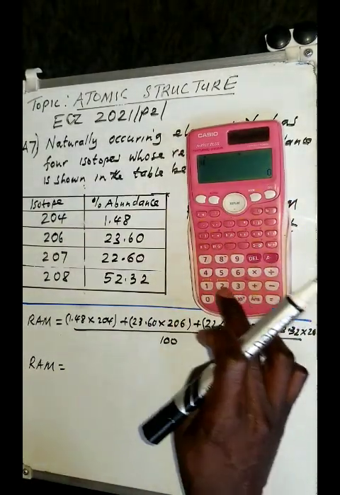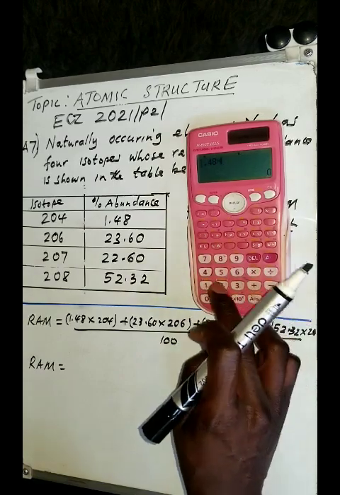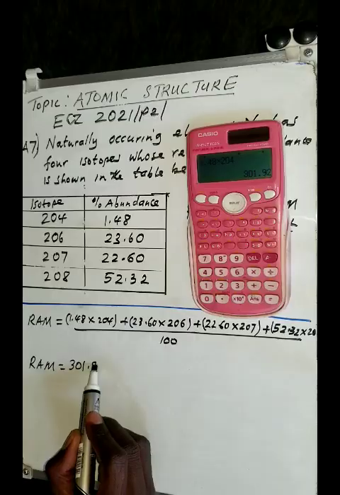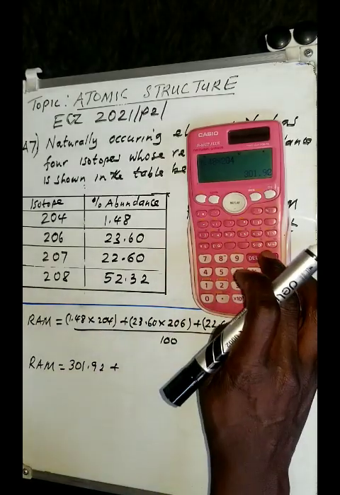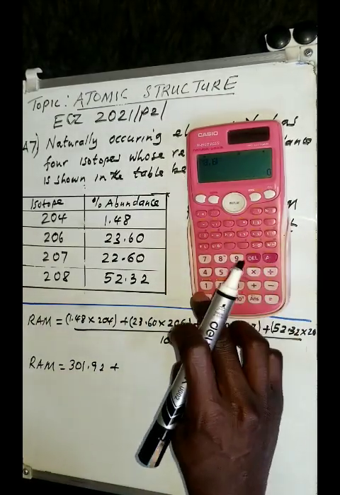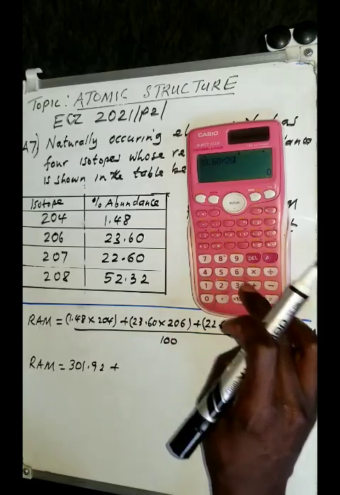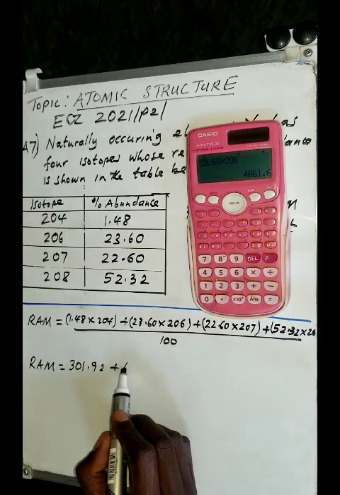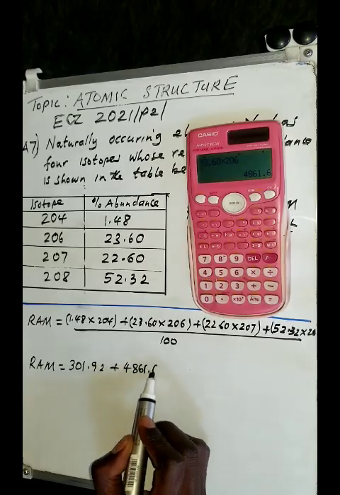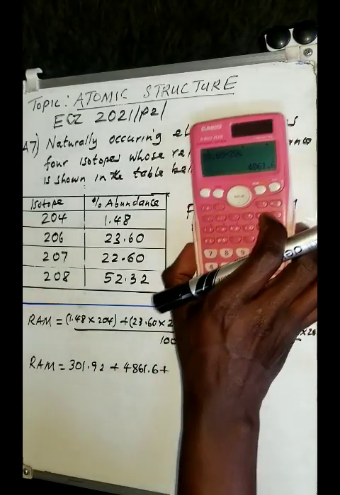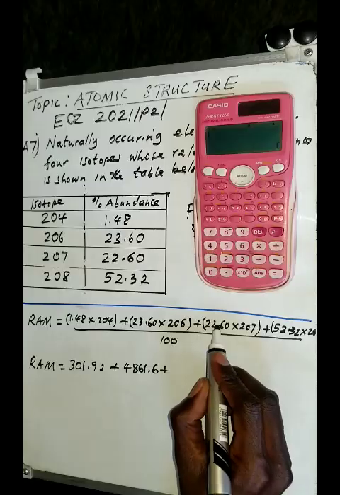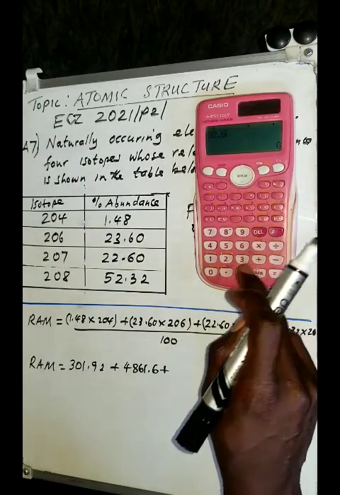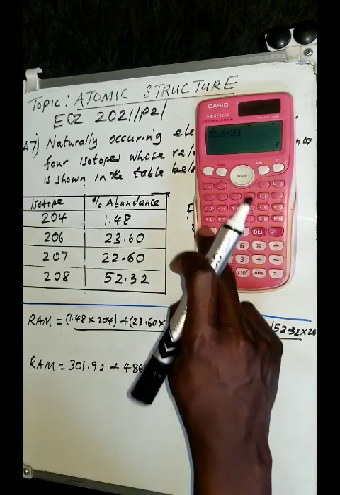So let's work out 1.48 multiplied by 204. In this case, that is going to give you 301.92 plus. You go to the next one, which is 23.60 multiplied by 206. That is giving me 4,861.6 plus. I go to this one there, which is 22.60 if you want, times 207.